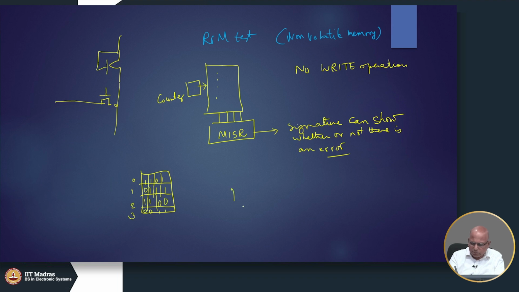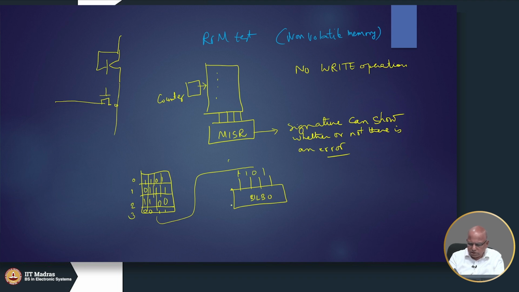The MISR we may have chosen something like this, it could be your BILBO if you want. So, we have a 4-bit input and we could connect this to the output of the ROM. In the first clock cycle I may read out 1101.